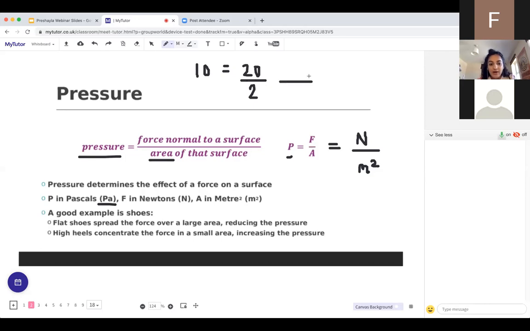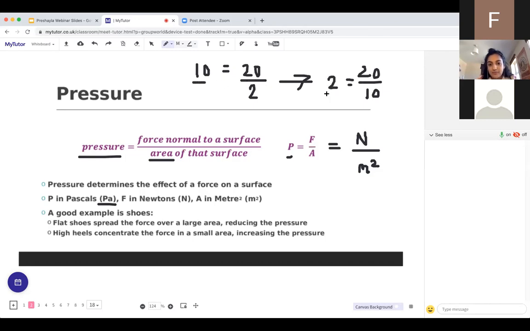Now we make our area much bigger. So we have a bigger shoe, we have a bigger area for the force to act on. Same force, 20. Bigger area, let's go for 10. So our area has gone from 2 meters squared to 10 meters squared. And if that happens, we can see that our pressure also reduces by a lot.